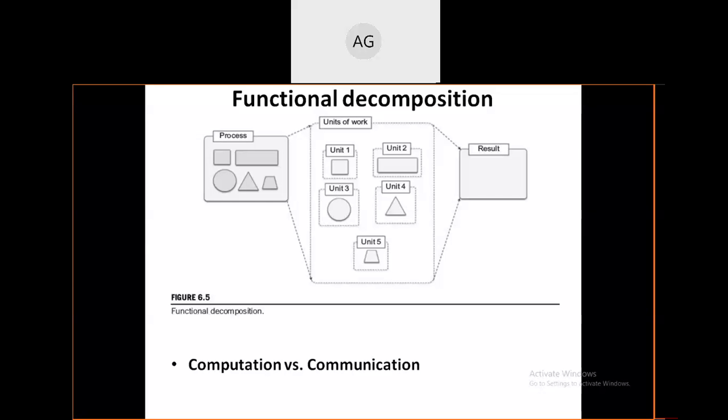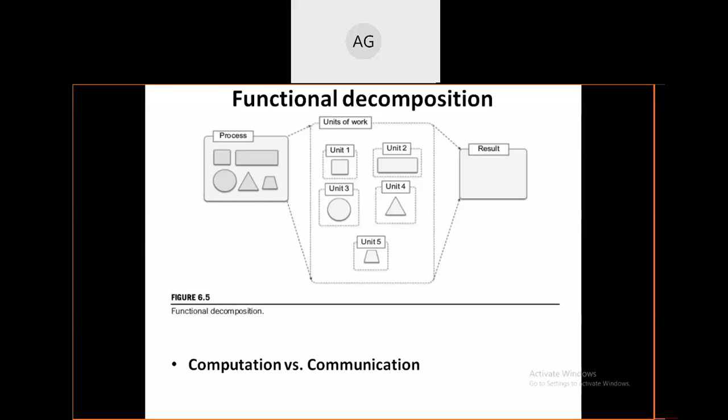That's why we're using functional decomposition here. It will check all the functions. For example, if your project has five modules, we can check whether all the functions in each module are working correctly or not, and we can easily find this out with the help of functional decomposition.